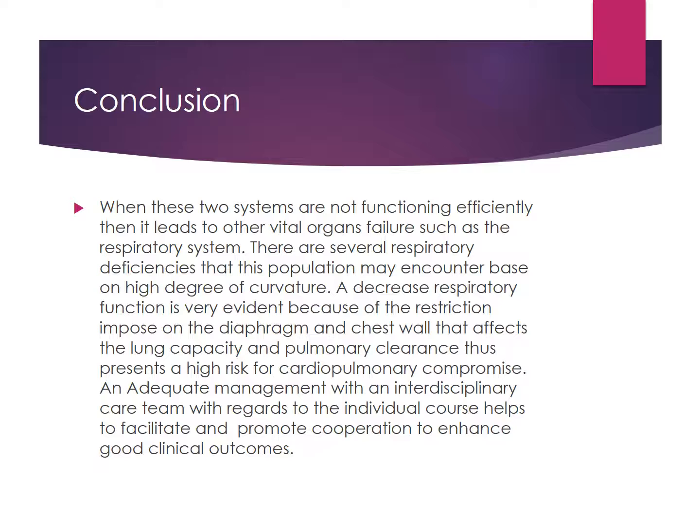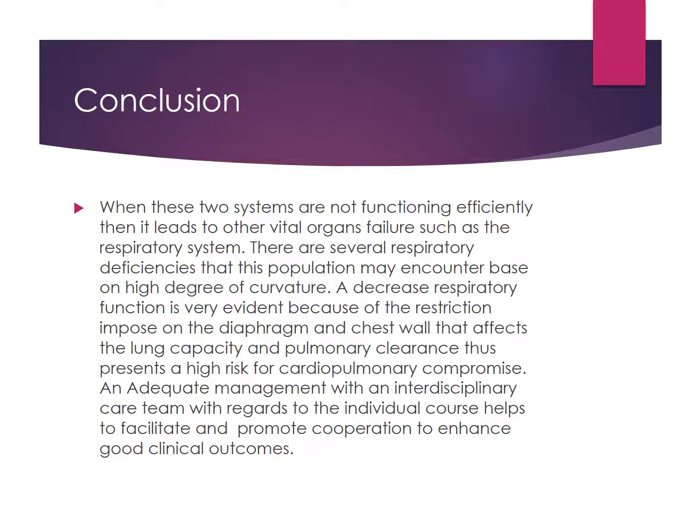When the two systems, cardiovascular and respiratory, are not functioning efficiently, it leads to other vital organ failure. There are several respiratory deficiencies that this population may encounter based on a high degree of curvature.